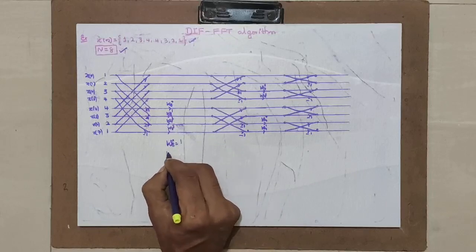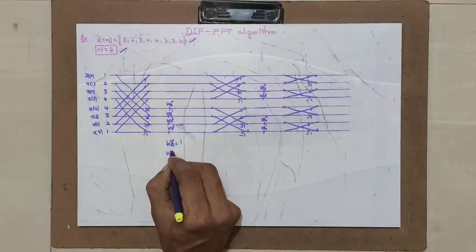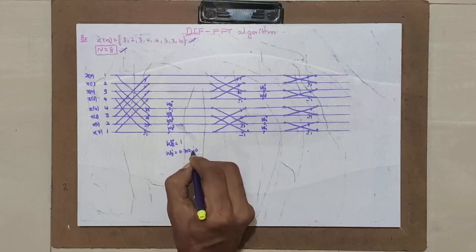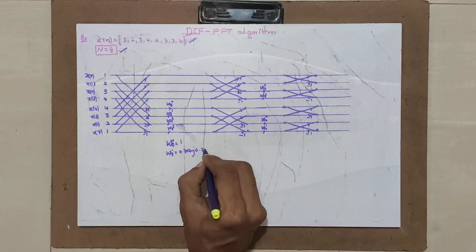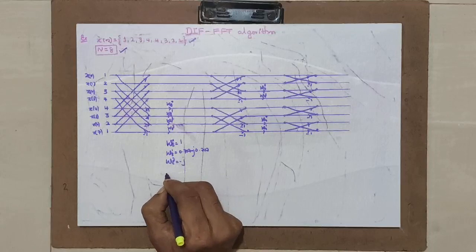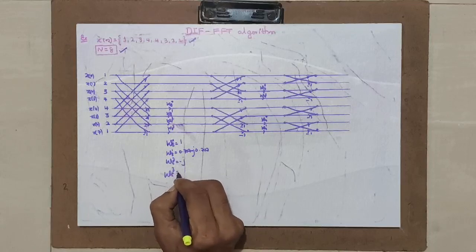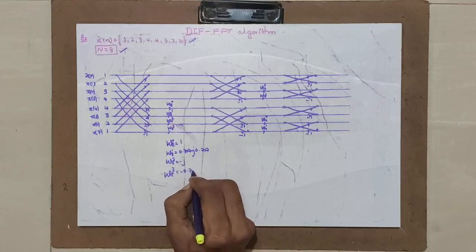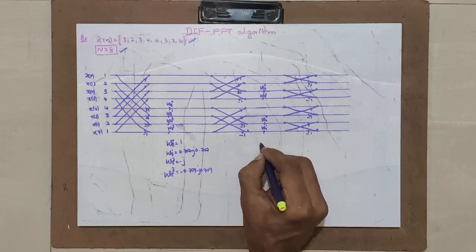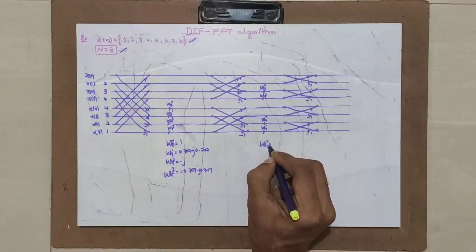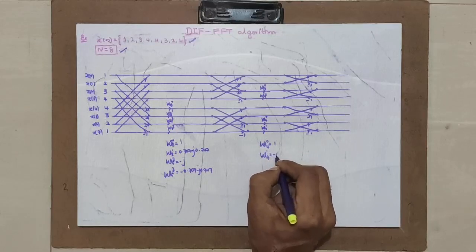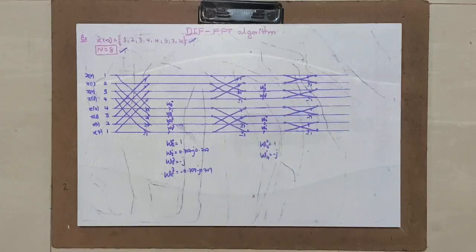W80 is 1. W81 is equal to 0.707 minus j 0.707. W82 is equal to minus j. W83 is equal to minus 0.707 minus j 0.707. Here W40 is equal to 1 and W41 is equal to minus j, which are to be multiplied.